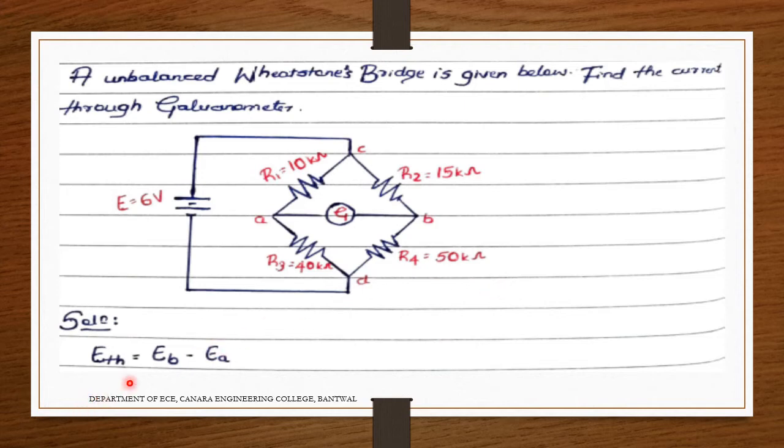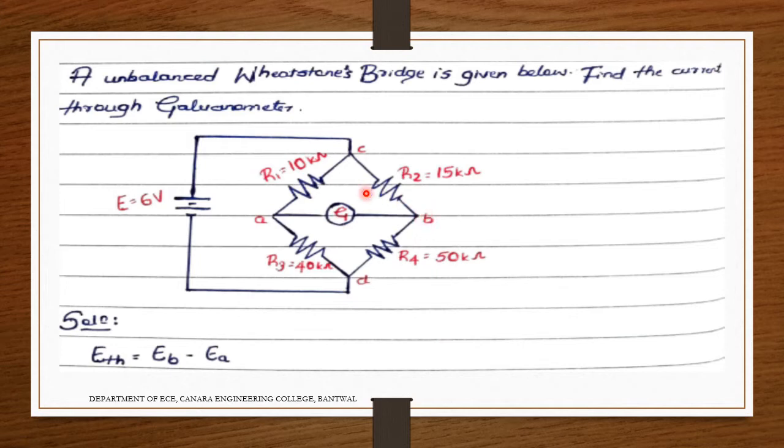Now Thevenin's voltage ETH is equal to, because we need to find it across this one, VB and VA. So Thevenin's voltage is equal to EB minus EA, the voltage across this.